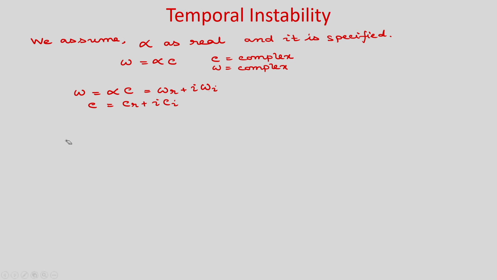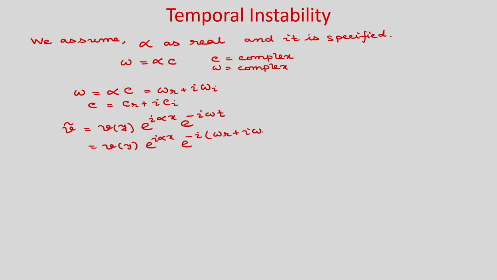Okay. If you remember, we have used v tilde as v, which is a function of y, e to the power i alpha x, e to the power minus i omega t. So, here omega is complex, so we can substitute and write it as e to the power i alpha x, e to the power minus i omega r plus i omega i.